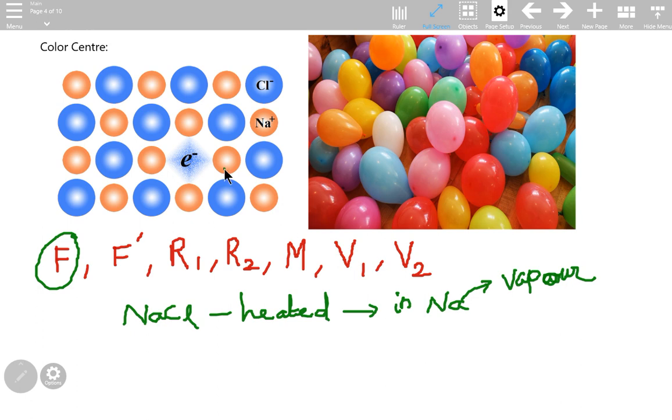Now what happens is that an excess sodium atom present in the vapor will stick onto this salt, NaCl, loosely bound, and after some time it will split as Na plus and e minus. That is, an atom is always neutral.